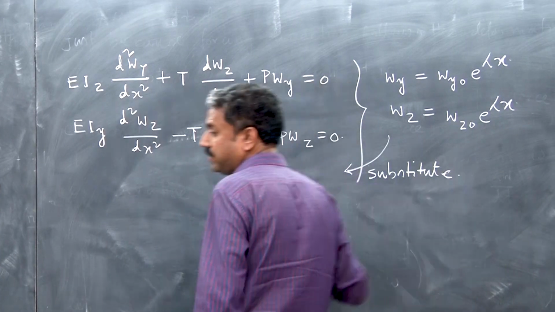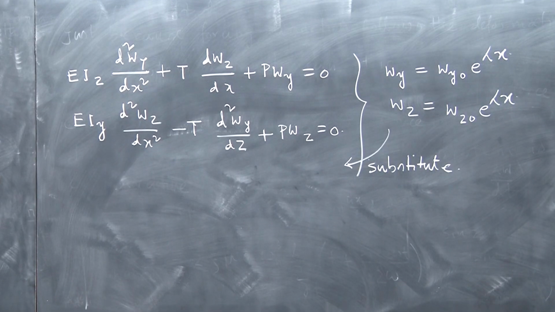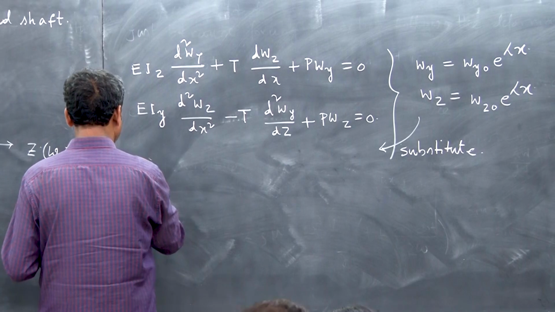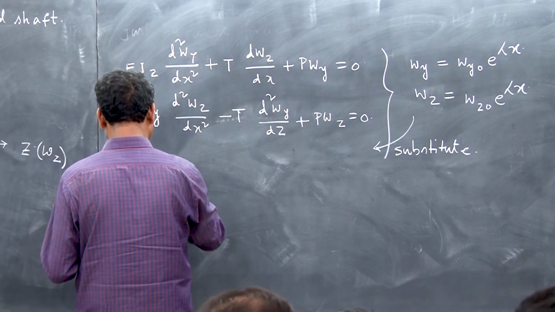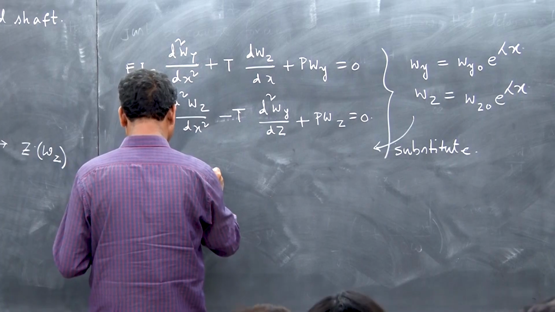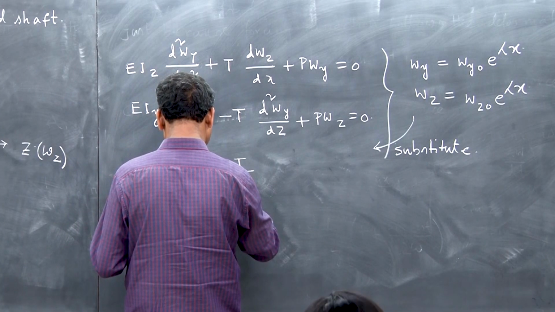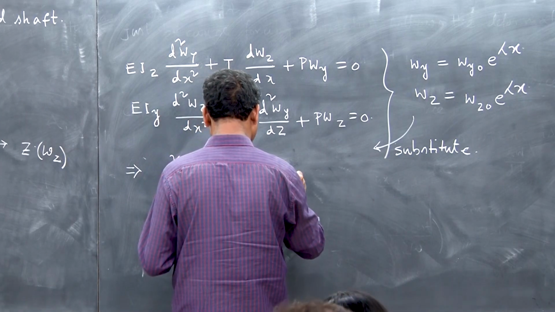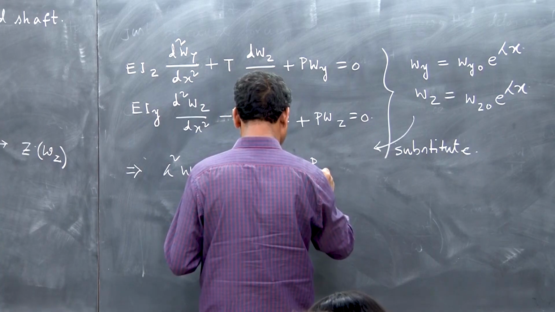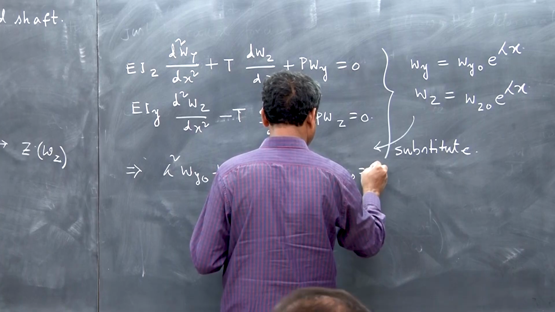If you substitute, this will lead to an equation like: lambda square Wy0 plus T by EIz lambda Wz0 plus P by EIz Wy0 is equal to 0.